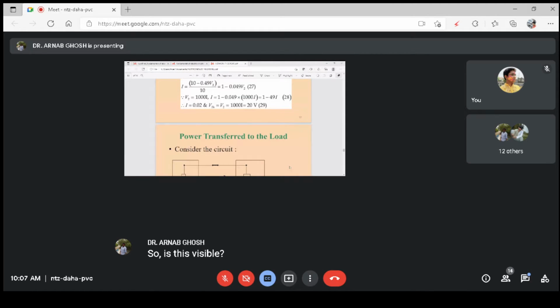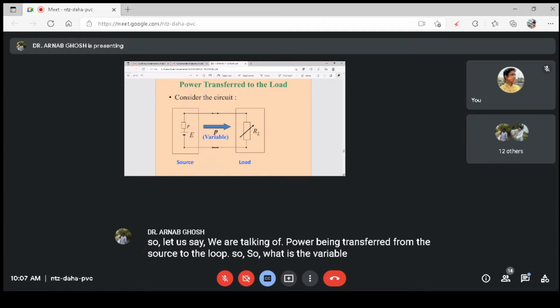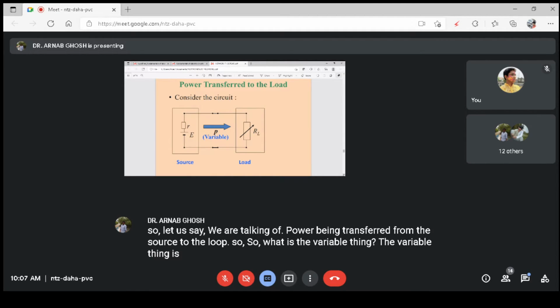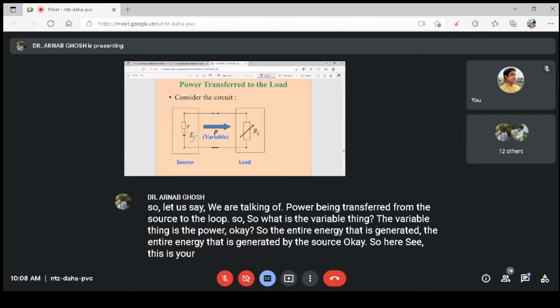Yes, sir. So let us say we are talking of power being transferred from the source to the load. What is the variable thing? The variable thing is the power. So the entire energy that is generated by the source, see this is your source.